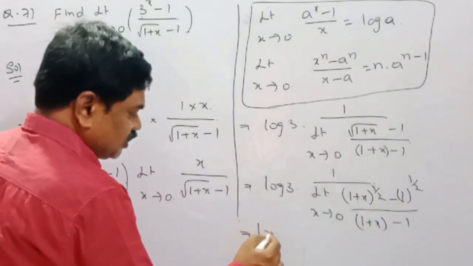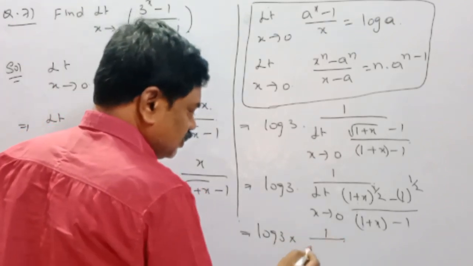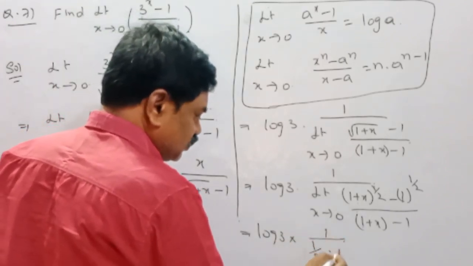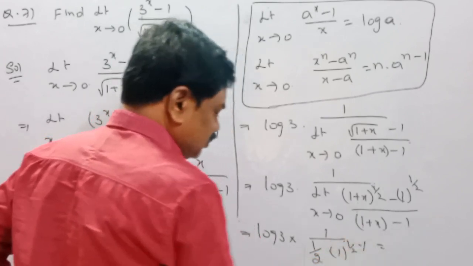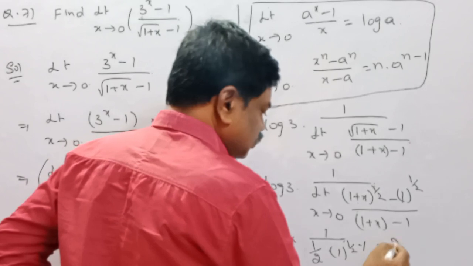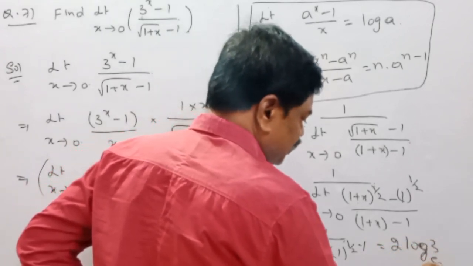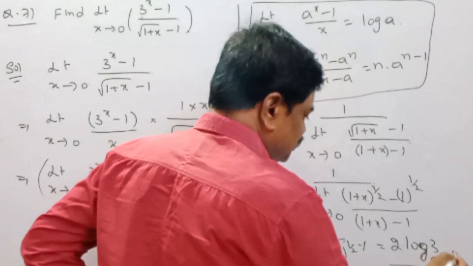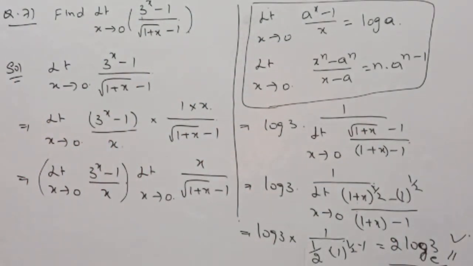So this is log 3 into 1 by 1 by 2 into 1 power 1 by 2 minus 1, equal to what? 2 into log 3, 2 into log 3 base e. This is the answer. Okay, all of you. That's all.